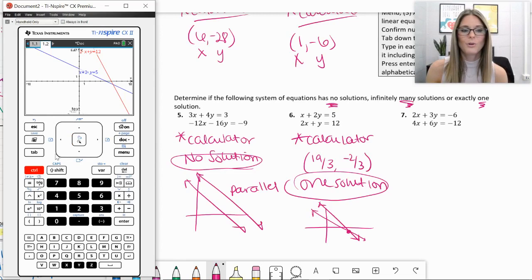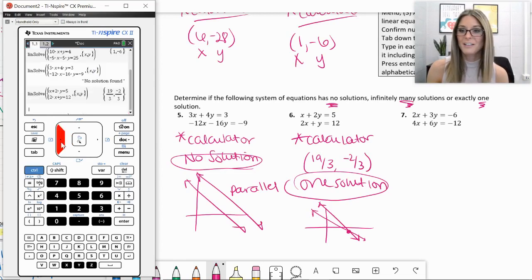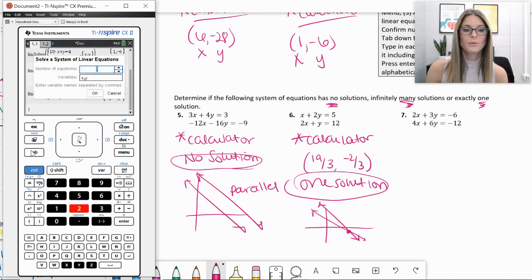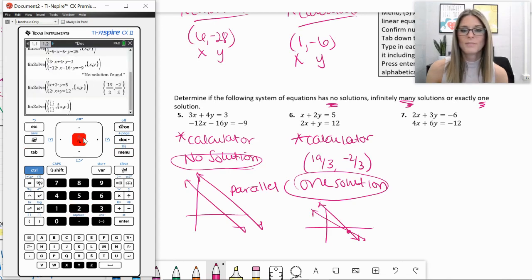I'm going to go control left to go back to my little calculator tab here. Menu 3, 2, tab, okay. And we've got 2x plus 3y equals negative 6, arrowing down for 4x plus 6y equals negative 12. Enter.